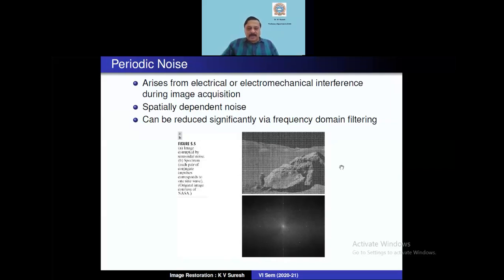Can somebody tell me what is the Fourier transform of a sinusoidal signal? You can chat if you want, or if you don't respond, I have to go by name. Fourier transform of a sinusoidal signal, which you have done in third semester signals and systems. When I take a Fourier transform of a sinusoidal signal, what do I get?